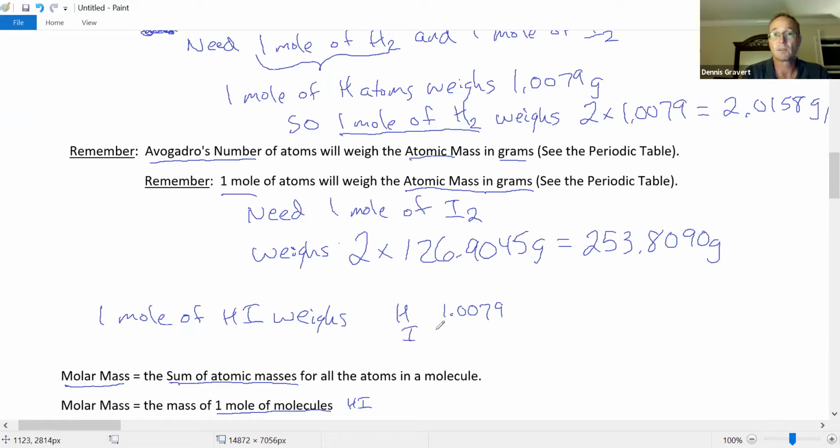And 1 iodine weighs right here, 126.9045. Add them together, and it's 127.9124 grams per mole. Well, that's the molar mass, the mass of 1 mole. Yeah, good name for it.